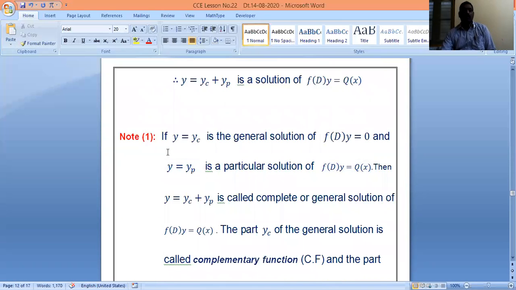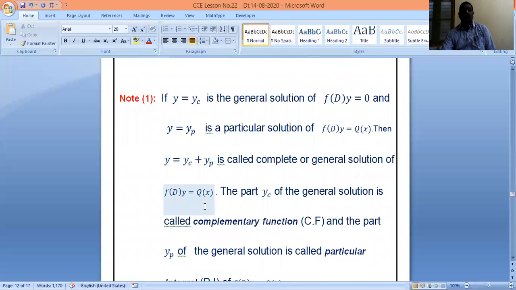Now, if y is equal to yc is the general solution of f of D into y is equal to 0, that is a homogeneous linear differential equation, and y is equal to yp is a particular solution of f of D into y is equal to q of x, that is a non-homogeneous linear differential equation, then y is equal to yc plus yp is called a complete or general solution of f of D into y is equal to q of x.